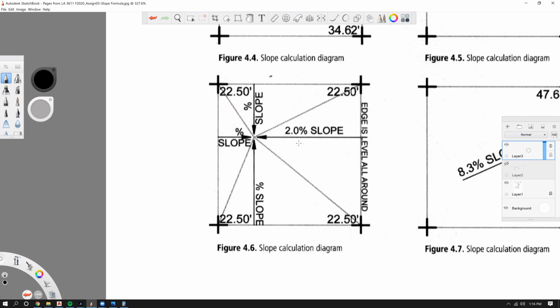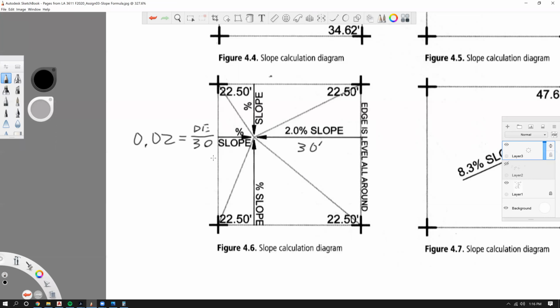Okay, so this length is 30 feet. We know the slope, and we're trying to figure out the difference in elevation. So we have 0.02, which is the slope, equals dE over 30.